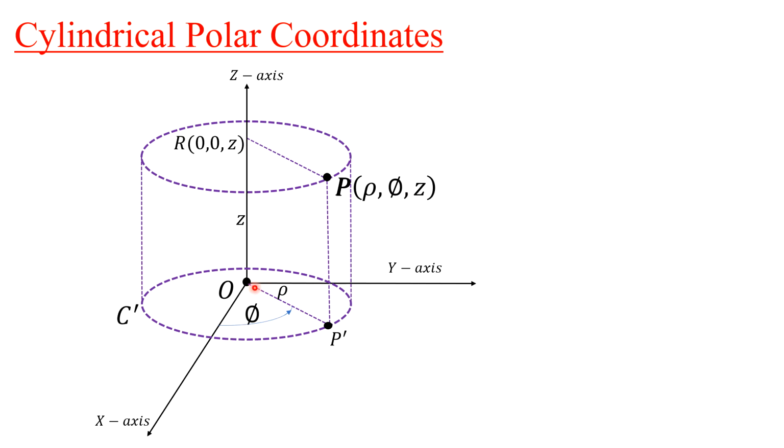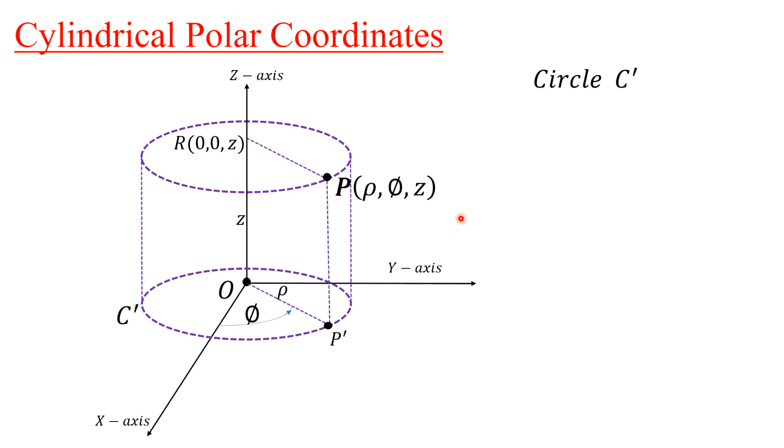You can see that line OP dash and the line through P are parallel, therefore their angle with the x-axis is equal, and that is phi. This is how coordinates for cylindrical polar are given.